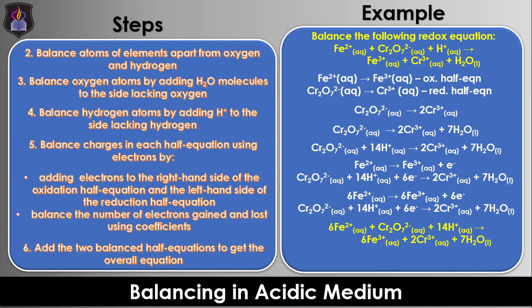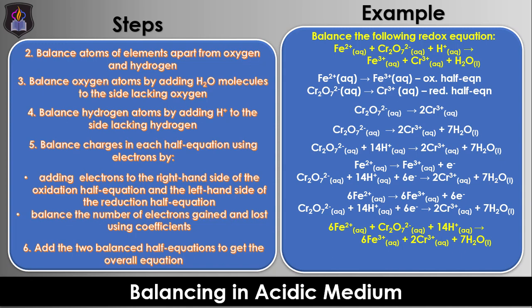Now let's confirm that our equation is balanced. For atoms count, the number of iron atoms on the left hand side and right hand side is 6. The number of chromium atoms on the left hand side and right hand side is 2. The number of oxygen atoms on the left hand side and right hand side is 7, while hydrogen is 14 on both sides.